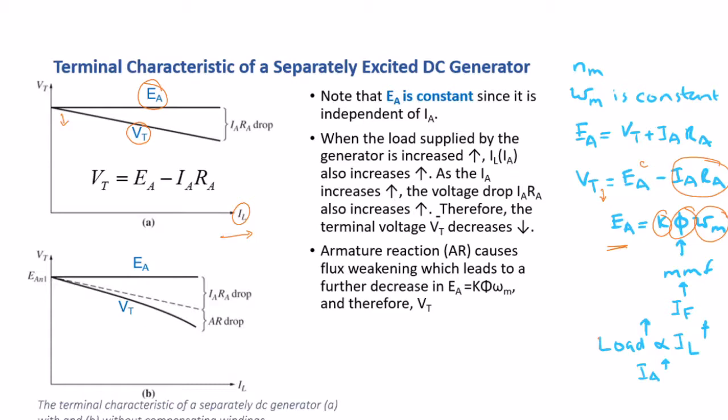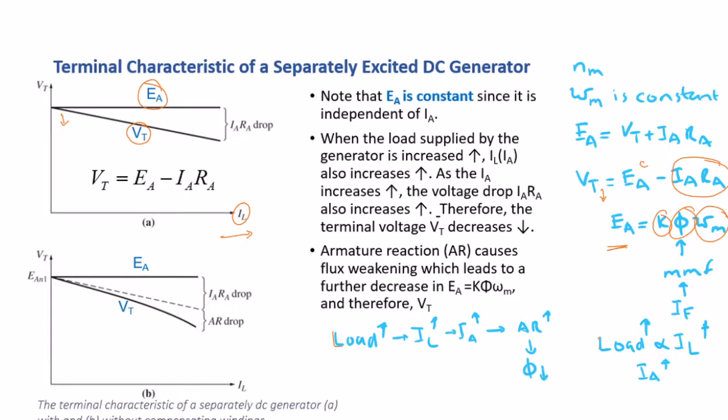When the load is increased, the armature current is increased, and therefore the armature reaction gets worse, i.e. more significant. Again, if I write it down, as the load is increased, IL is increased as well, which means that IA for this type of generator is increased, and therefore AR, the armature reaction, is getting more significant, and therefore it will result in a decrease in the flux, because of the flux weakening.